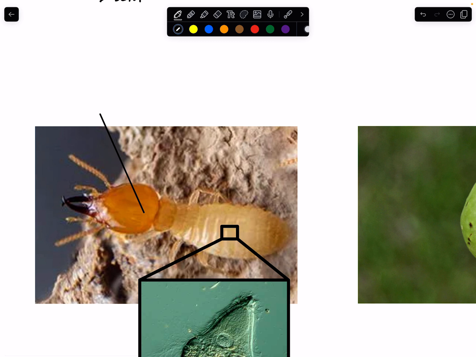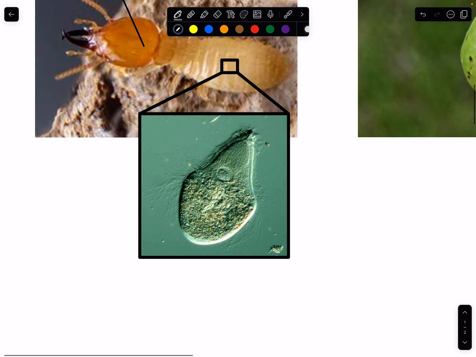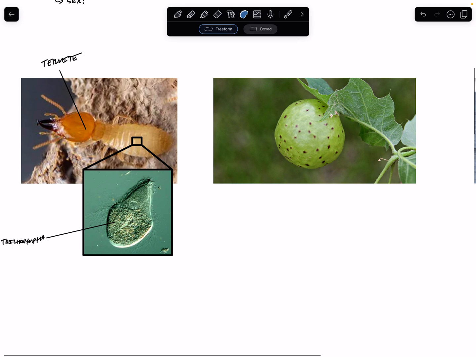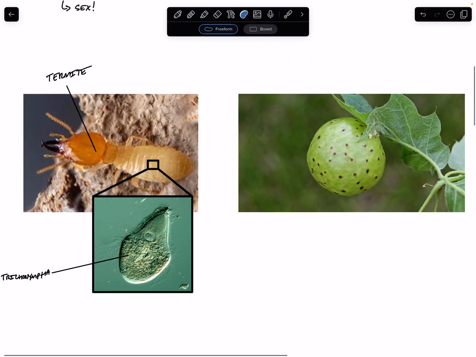Okay, here we have a termite, and inside of its gut is a tiny protist called a Trichonympha. So this mutualistic relationship is kind of a feeding relationship for both.